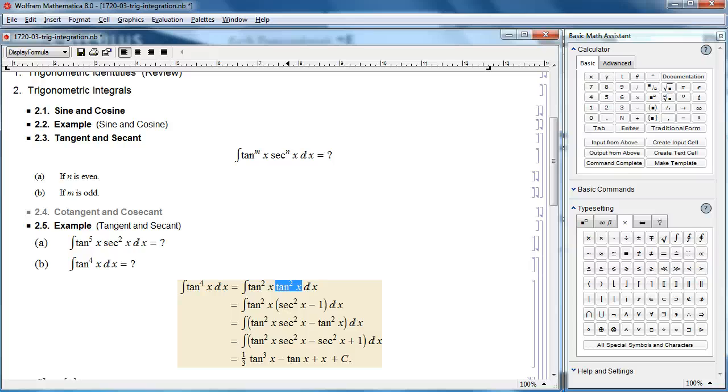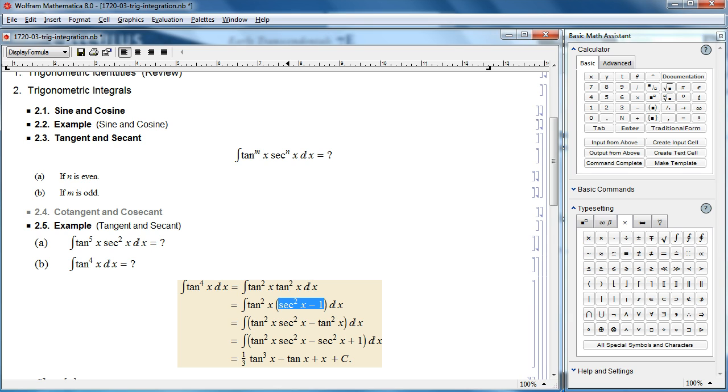Secant squared and tangent squared are interchangeable because of a Pythagorean identity again. And then cosecant squared and cotangent squared should be interchangeable. So we decompose this tangent to the 4th power into tangent squared and another tangent squared, but everybody should see that the second tangent squared is immediately connected to secant squared. Actually, here it is, secant squared minus 1.